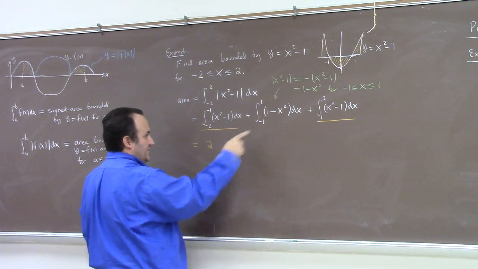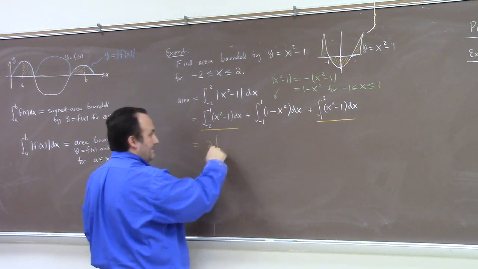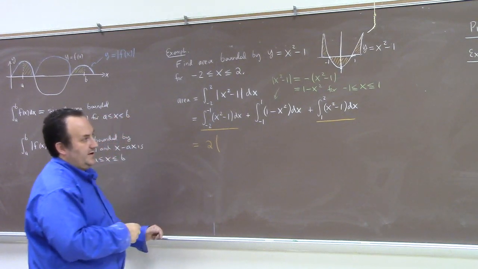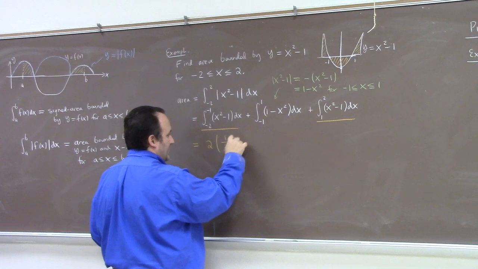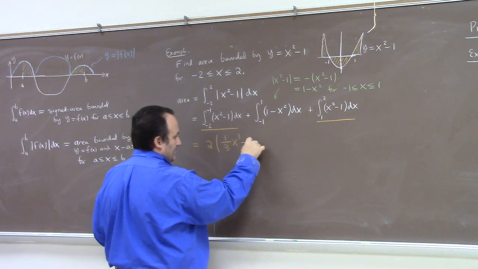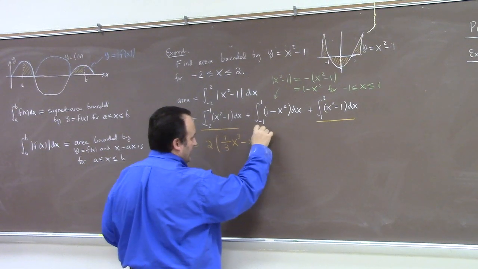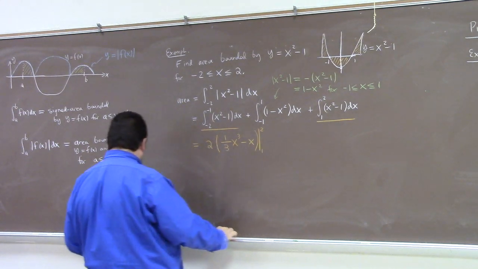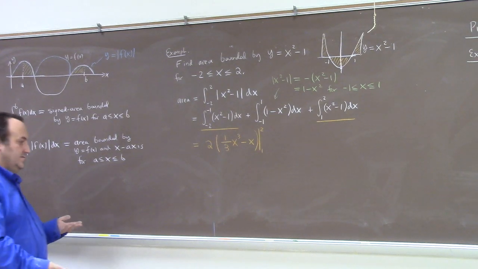And then what's the antiderivative there? We got 1/3 x cubed minus x, right? And we evaluate from 1 to 2. So that should take care of the end pieces. The minus 1 to 1, what's that?